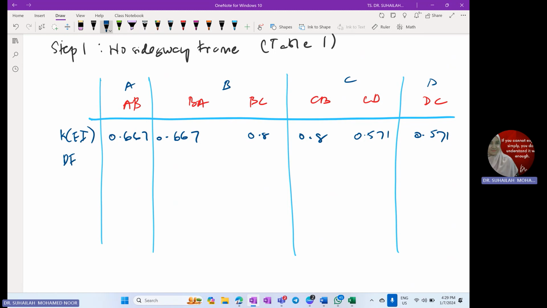Distribution factor for fixed end A, fixed end D is 0. Then we calculate the distribution factor for BA. For BA, it is 0.667 divided by the total, 0.667 plus 0.8, which is 0.455.